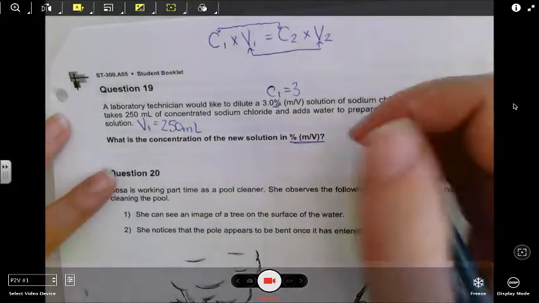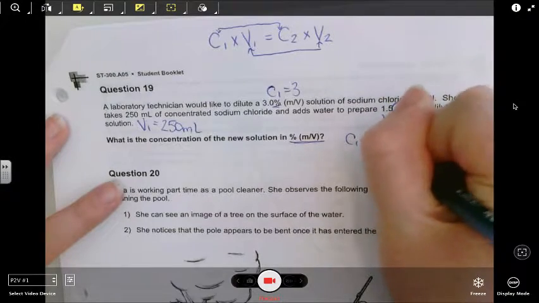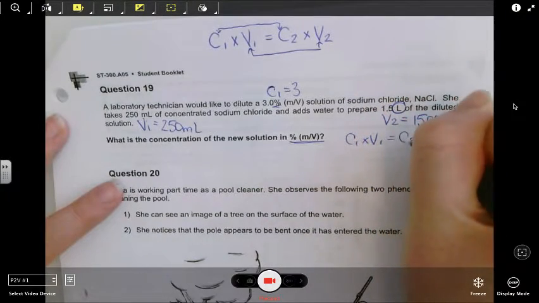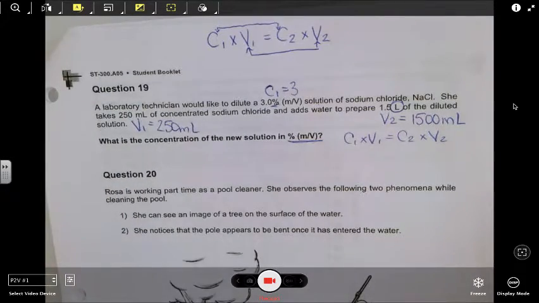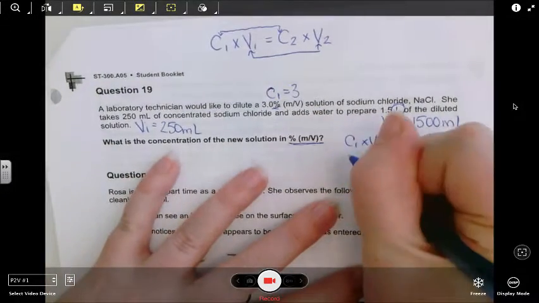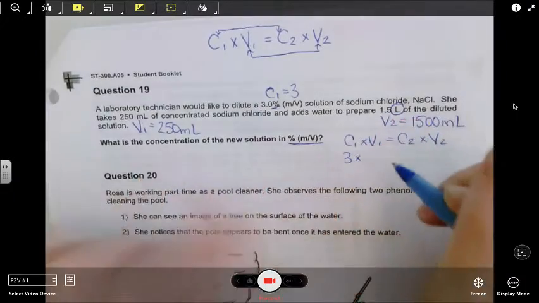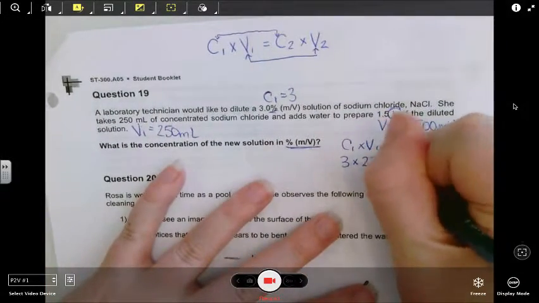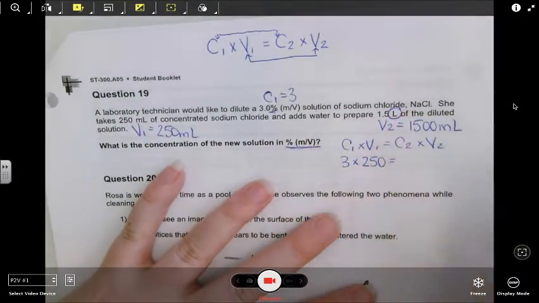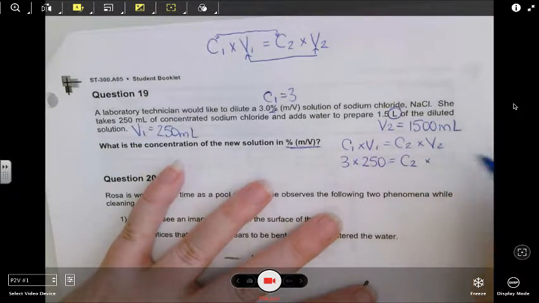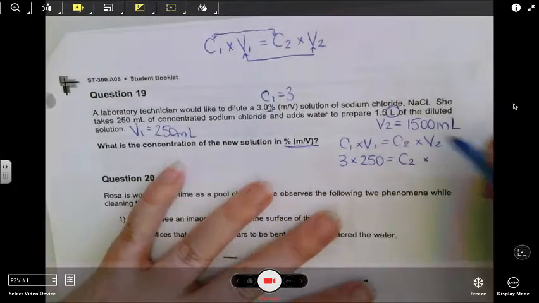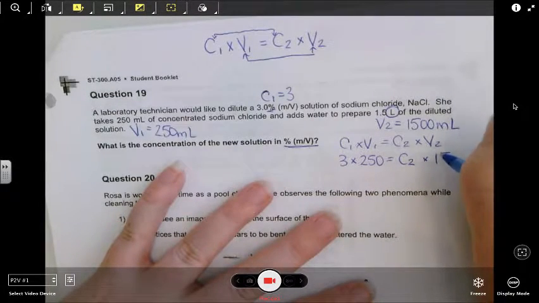So we're just going to plug this in. C1 times V1 equals C2 times V2. And then it's just like solving for a variable in math. So C1 is 3 times V1 is 250 equals C2, which is what we don't know, times 1,500 milliliters.